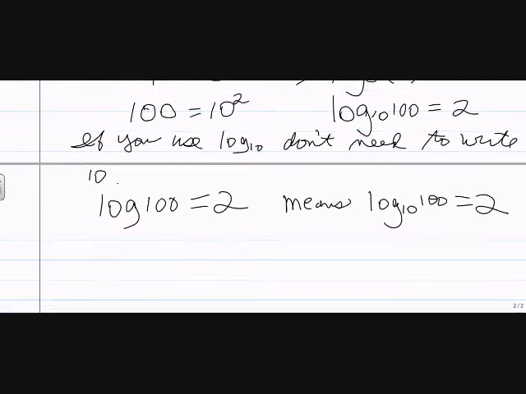It doesn't have to be in parentheses. You don't have to put the argument in parentheses unless you have an addition or subtraction going on inside here. If you had log base 10, 100 plus 7, you'd put the 100 plus 7 in parentheses. If you only have a multiplication, like 2 times 100, you don't even have to put that in parentheses.